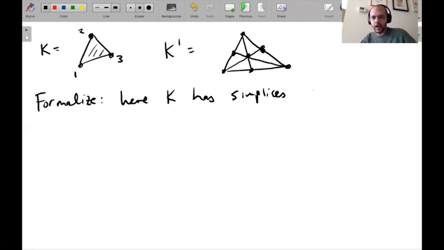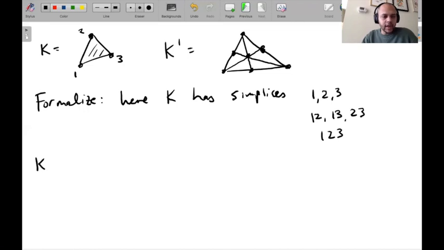So there are the vertices, the one element subsets. There are edges, 1 2, 1 3, 2 3. We'll write them like that. And then there's a single face, the two simplex 1 2 3, whose vertices are 1, 2, 3. And so K1 is going to have vertices.